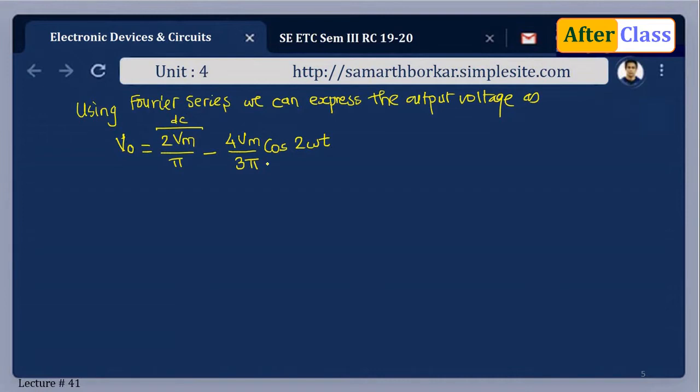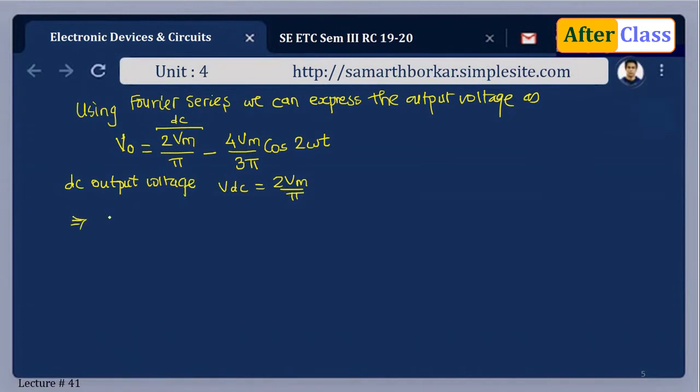As far as the ripple factor is concerned, it is a ratio of the ripple voltage divided by the DC value of the current or voltage. Now if I look at this equation, I can express the DC output voltage as VDC, which is equal to 2 Vm by pi.